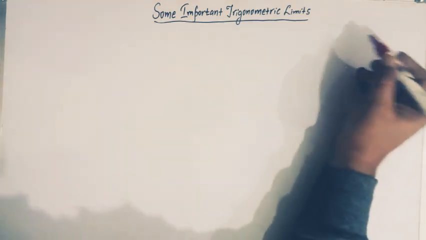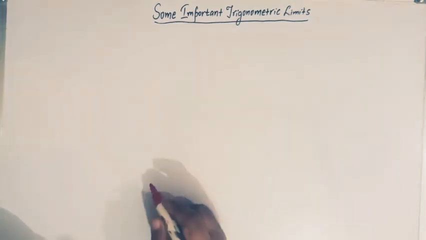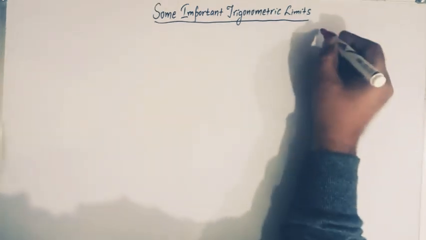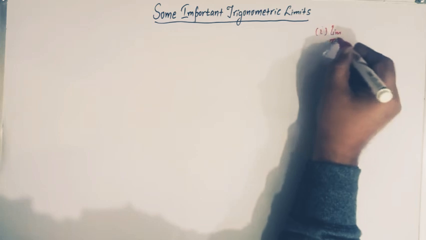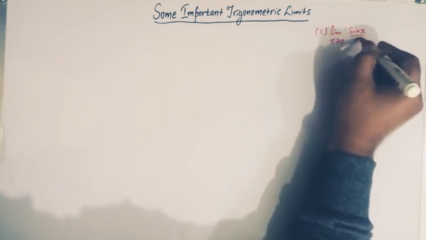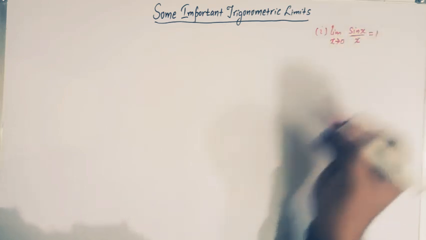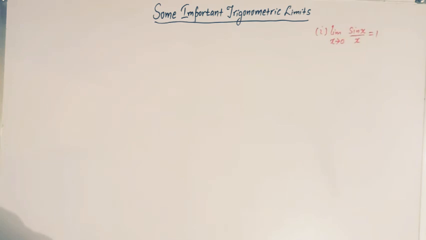Before solving the limits, let me write one important limit, that is limit x tends to 0, sin x over x is always equal to 1. This is an important limit which will be used in evaluating the trigonometric limits.